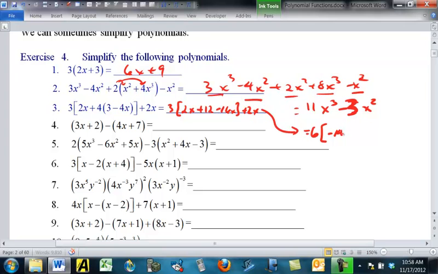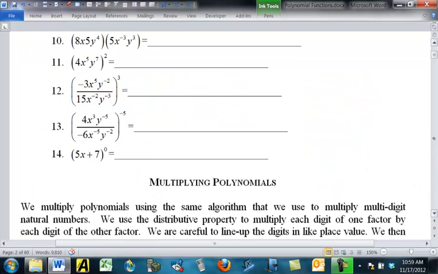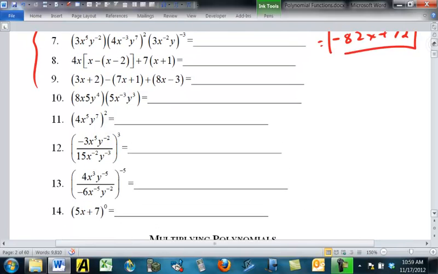So this is negative 14x plus 12. Then I'm going to distribute 6 times that. Okay. 24, 6, 8, negative 84, 72, 2x. Combine like terms here, negative 82x plus 72. And so that simplifies a bit. And you can do similar things for these other exercises. So I'll leave some of those for practice.